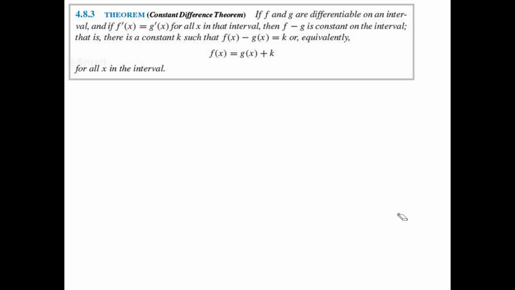If f and g are differentiable on an open interval, and if f prime of x is equal to g prime of x in that interval, then f minus g is constant on that interval, right? That is, there is a constant k such that f of x minus g of x equals k, or equivalently f of x is just g of x plus k for all x in that interval.